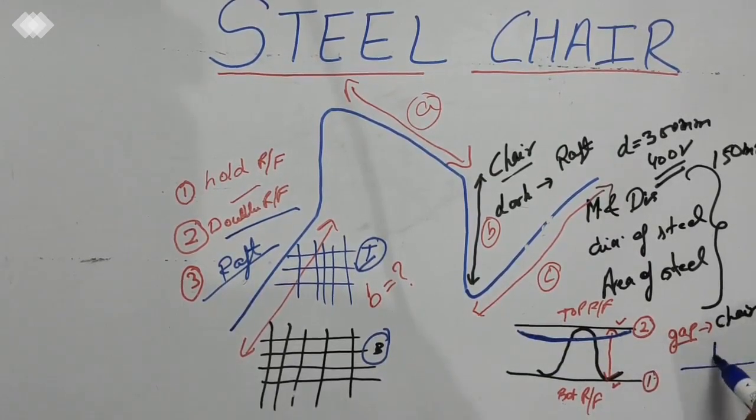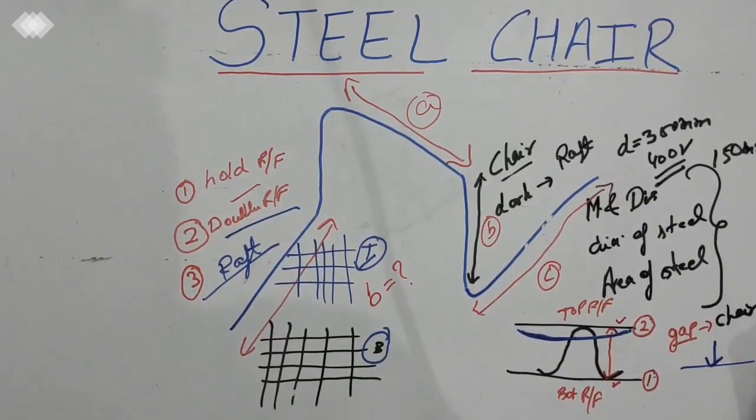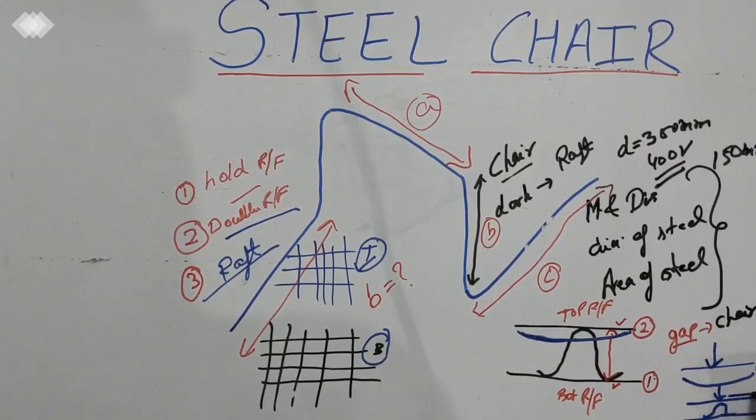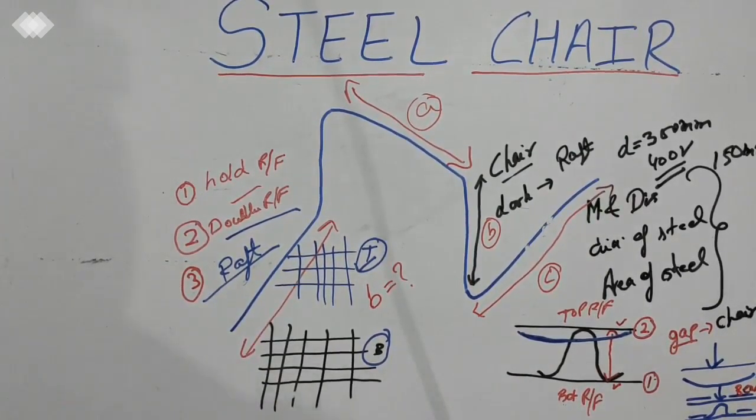For example, if maximum load comes on this reinforcement, it will go down like this. If we are providing two loads, steel will be there, the load will come, it will distribute to both the sides, so it will not bend like this. It will not bend here. So this is how we provide steel in chair.